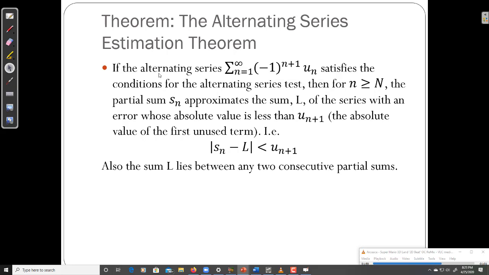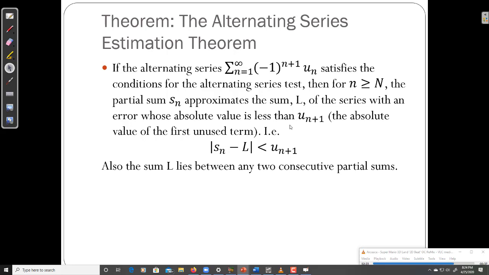If you have an alternating series that satisfies the conditions for the alternating series test, then whatever capital N you needed to satisfy the alternating series test, for n greater than or equal to that capital N, the partial sum approaches the sum.